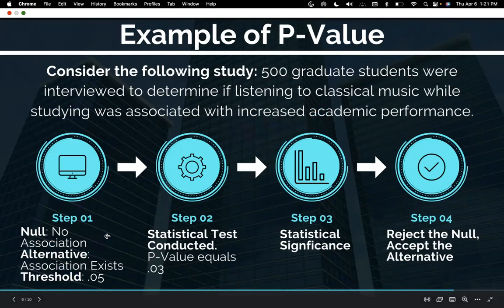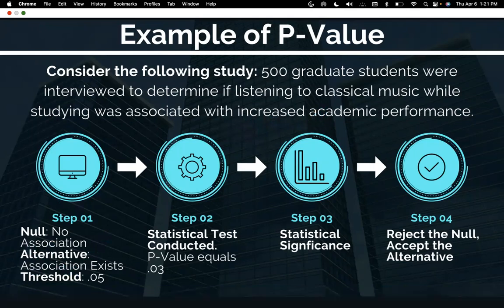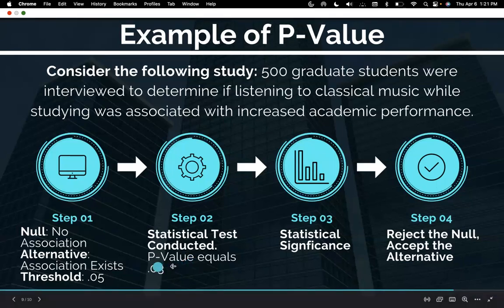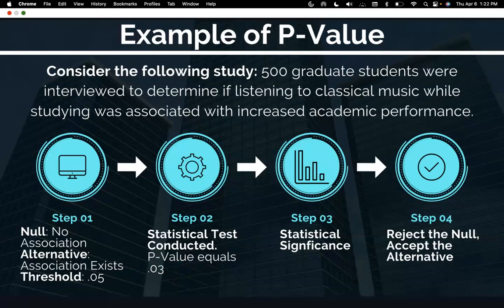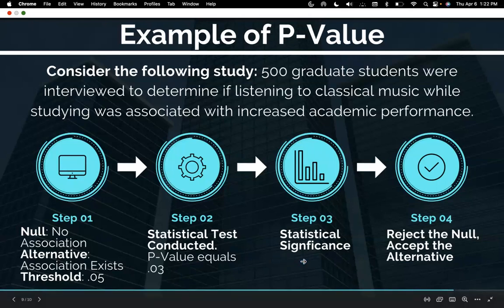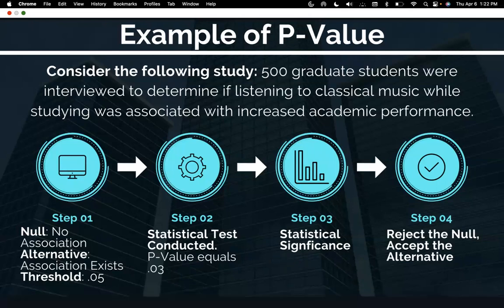Our next step is to conduct our statistical significance test. Let's say that we do that either with software or manually, and we receive a p-value of 0.03. Now we're going to compare our p-value to our threshold. 0.03 is less than our threshold of 0.05, and because it's below that, we can say that this is a statistically significant result.